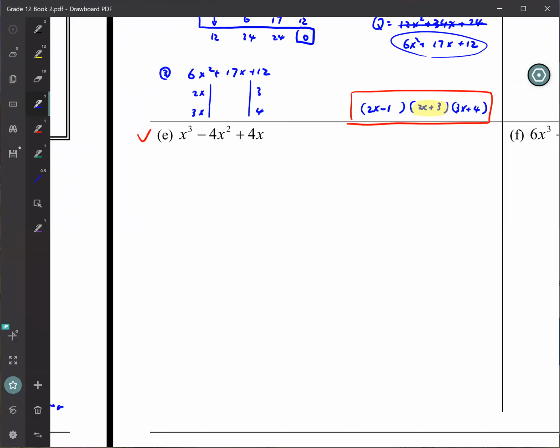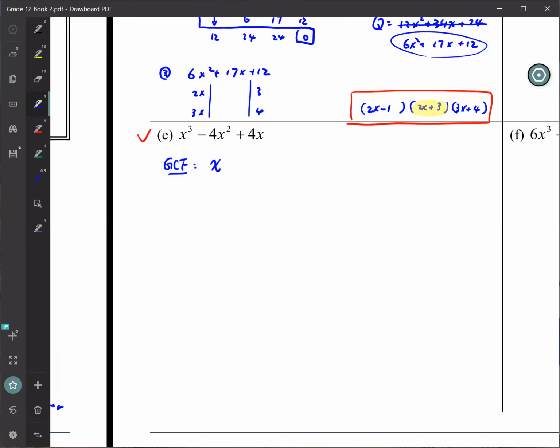Because your goal is to try to factor, right? So you can start from the basic common factor, anything they have in common. So Eric, what's the GCF here? 1. What about the variable? Anything that they have in common? Oh, X. Yeah, okay, so you can take the X out.